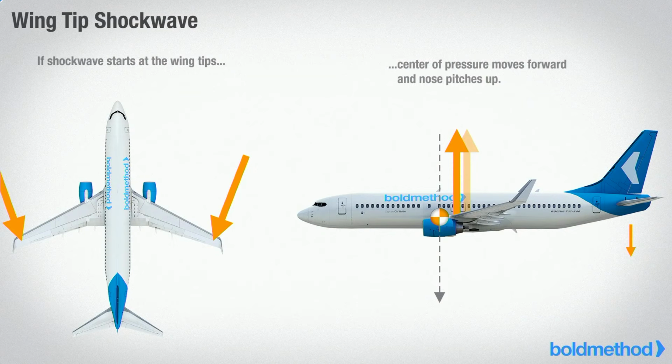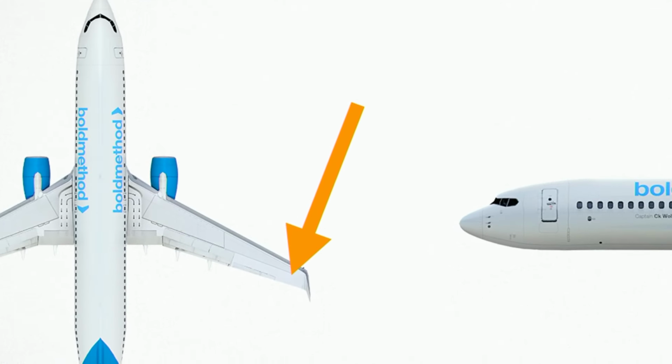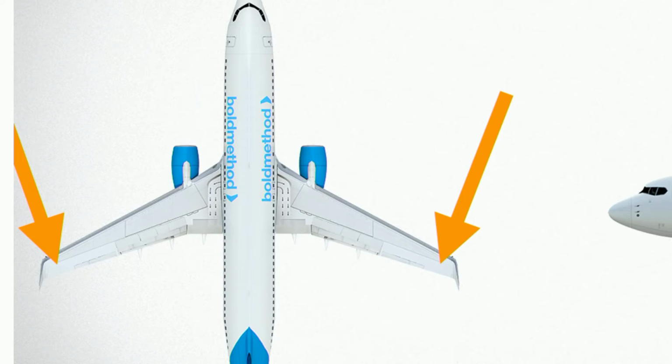What would happen if we ended up with the shockwave at the tip of the wing first? Maybe an aileron, a little aileron deployed there and accelerated the airflow. Something happened, and all of a sudden we have this little shockwave that forms out here on the tips. Okay? Well, what's going to happen is the center of pressure is going to start to move again. And what might have been the center of pressure here will start to, sorry, I'm just changing the ink, will start to move up here.